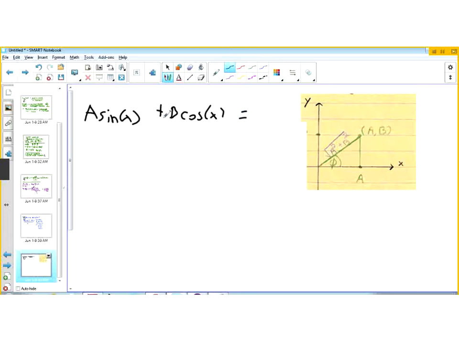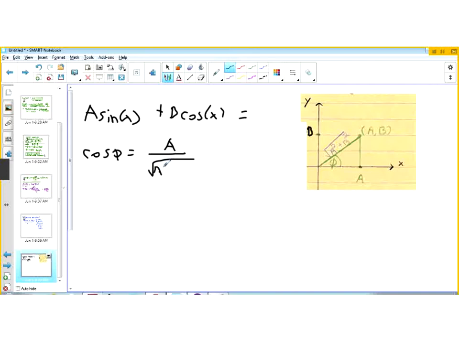Okay, so now we know that, let's see, a sine of x. Okay, so using the results of this figure, this is b right there. That's b. So the way we can do this is we know that the cosine of phi, of course, is adjacent over hypotenuse.